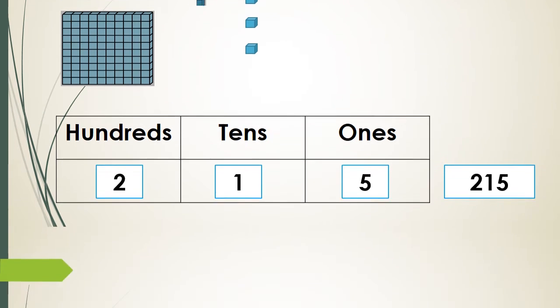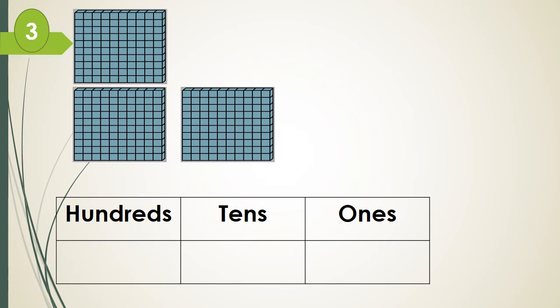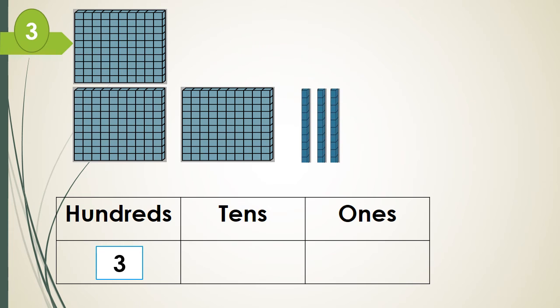Let's continue. Number 3. I have 1, 2, 3 hundreds. I put 3 under the hundreds digit. I have 1, 2, 3, 4 tens. How many tens? I have 4.